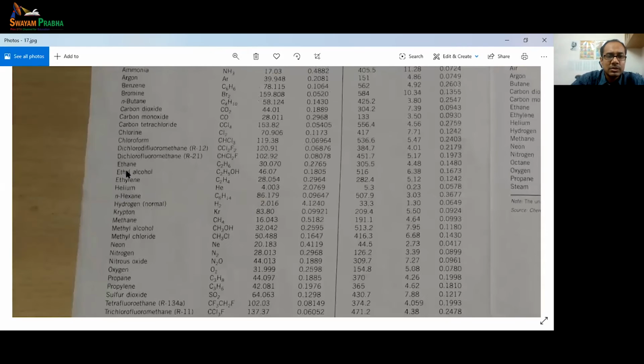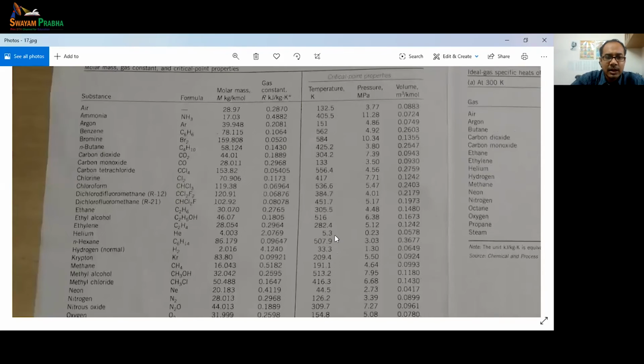Now we will use the values for ethane. For ethane, the gas constant is 0.2765 kilojoule per kg K, the critical point temperature is 305.5 Kelvin, and the critical point pressure is 4.48 MPa.